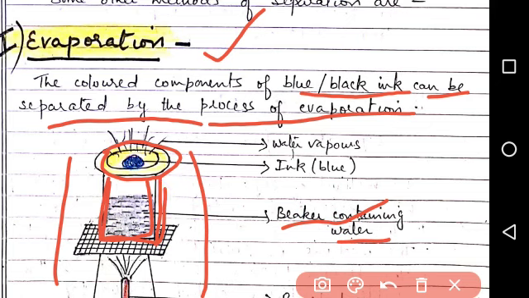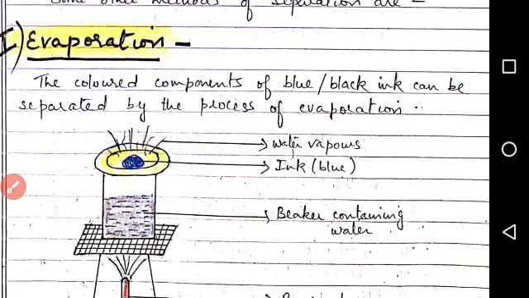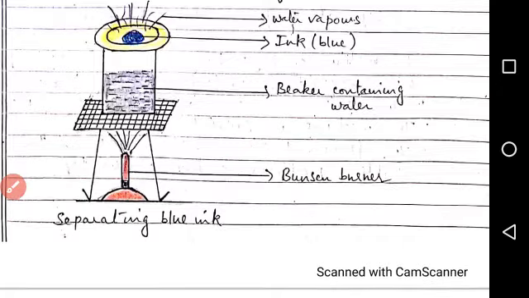So the beaker containing water is heated first, and by the heat of this hot water, the ink gets evaporated. The water vapors come out slowly, and at last the pigment or dye of the ink is left in the dish. In this way we can separate the blue or black component from the ink.